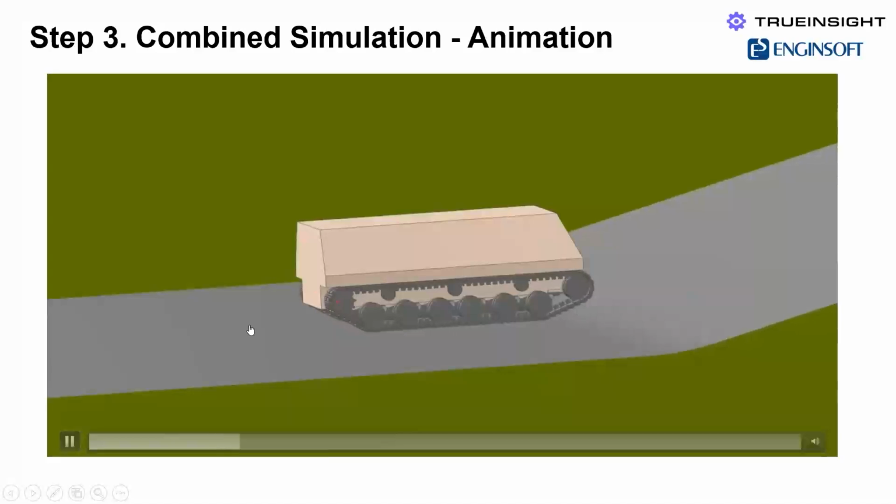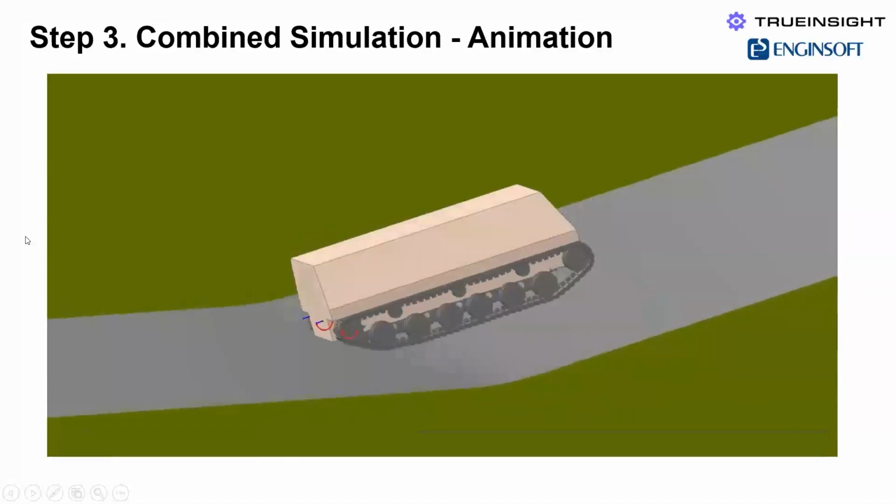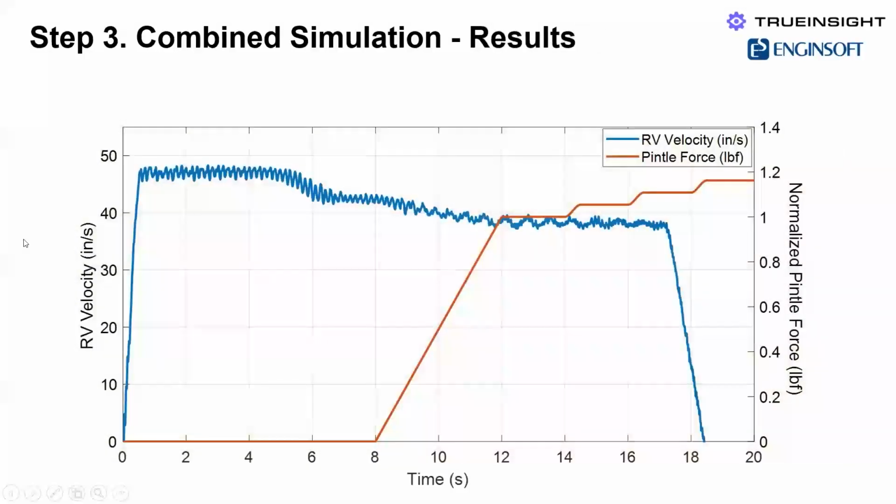So we did these simulations for different slopes. And then let's see what the results would be. And this is a typical result. So we have two different curves here. The blue curve is showing the velocity of the vehicle. So we ramped up the vehicle velocity to about 47 inches per second. And then as we started going up the slope, that speed slowed down.